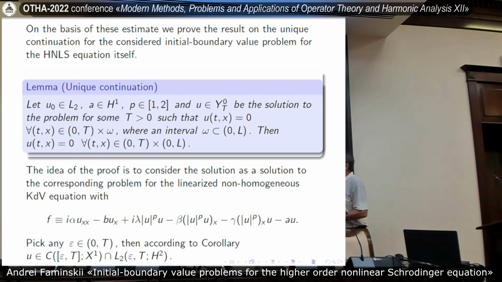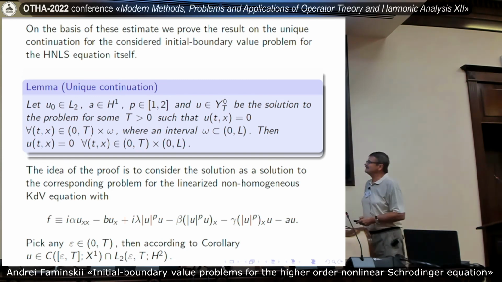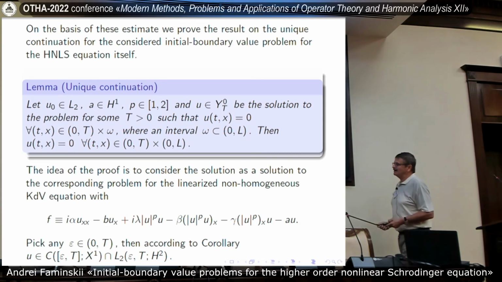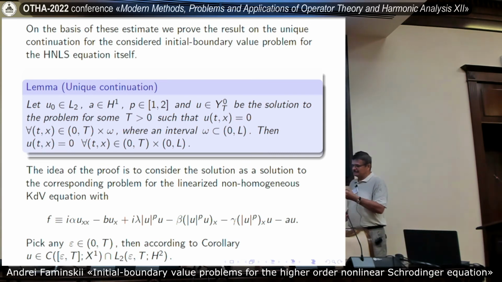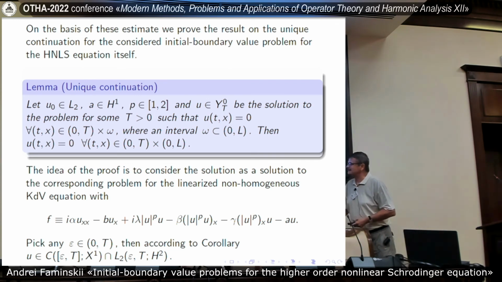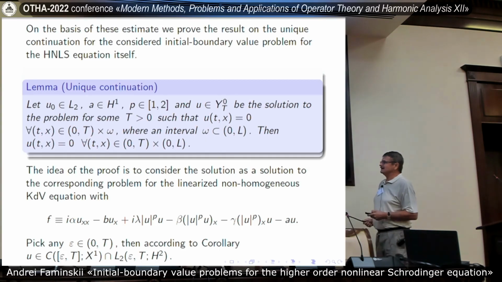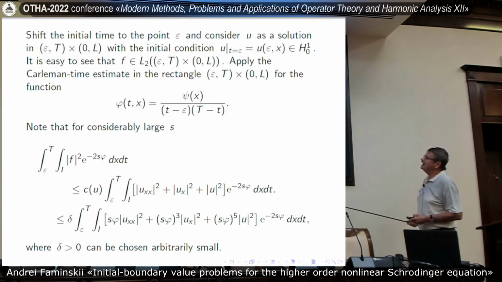So we move all other terms to the right side of the equation, and our corollary provides that this right-hand side has the corresponding smoothness.